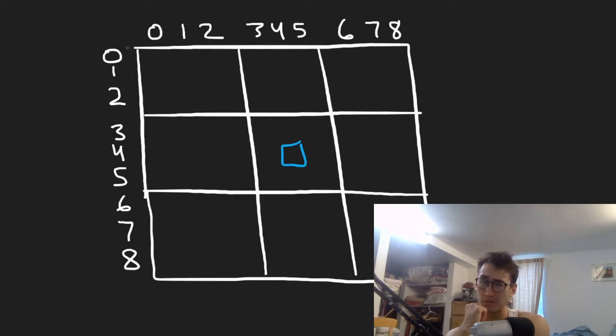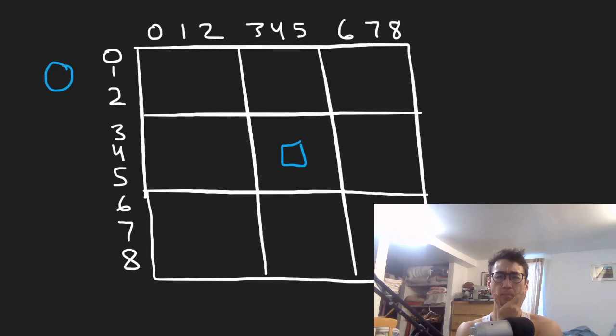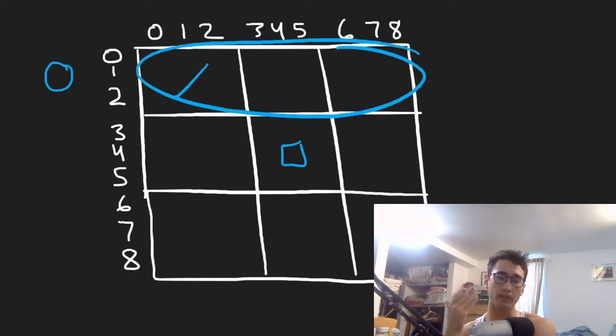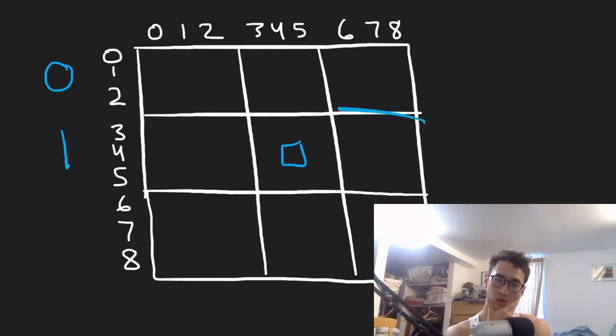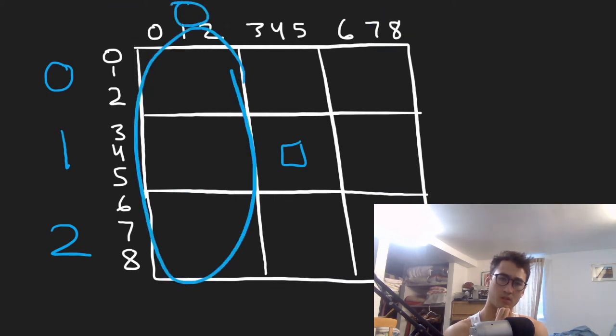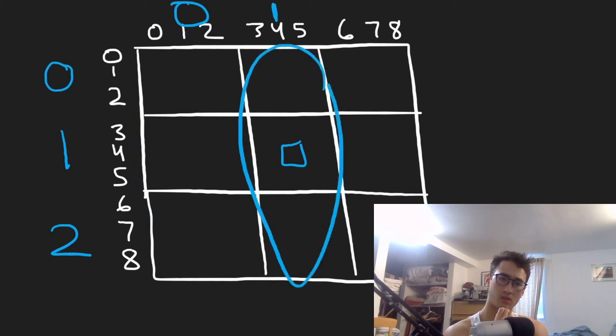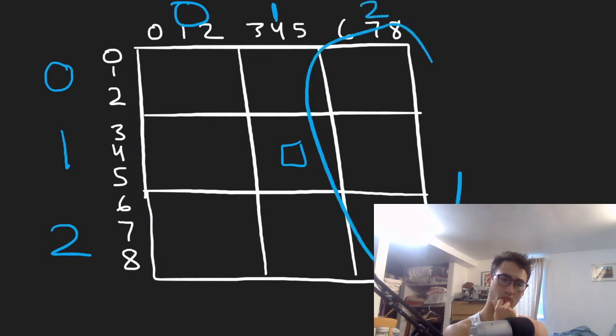So one way is to have an index. Maybe 0 represents this row of 3 squares, a 1 represents this row of 3 squares, and a 2 represents this row. And similarly for the columns: a 0 over here represents this column, a 1 represents this column, and a 2 represents this column.